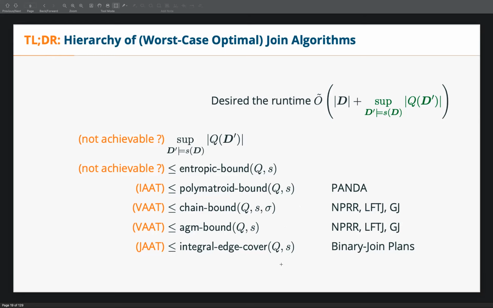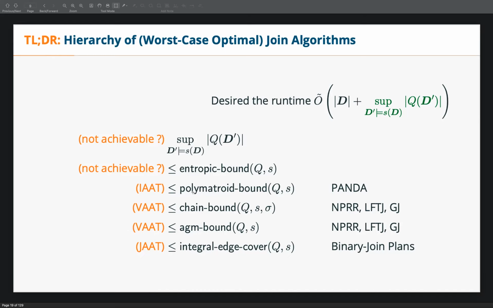Now, the three classes of algorithms that we will discuss can match each one of these bounds. The join at a time algorithm can match the integral edge cover bound. Then variable at a time can match the AGM bound, and inequality at a time will match the polymatroid bound.